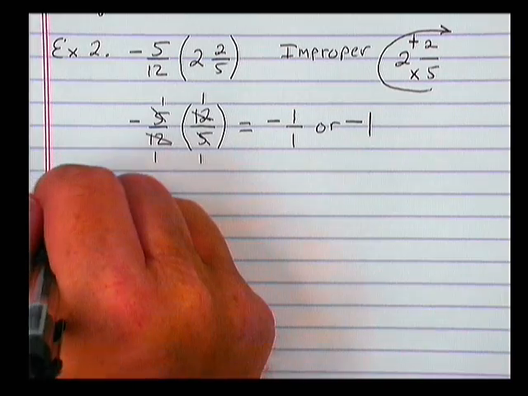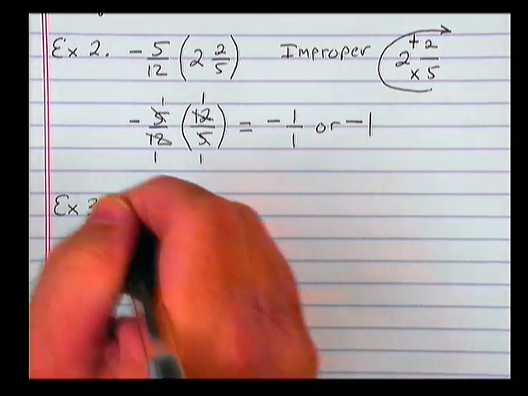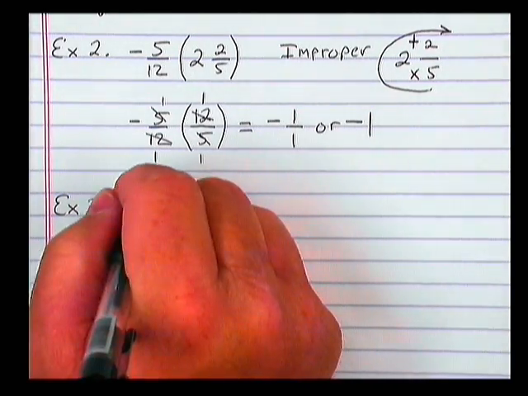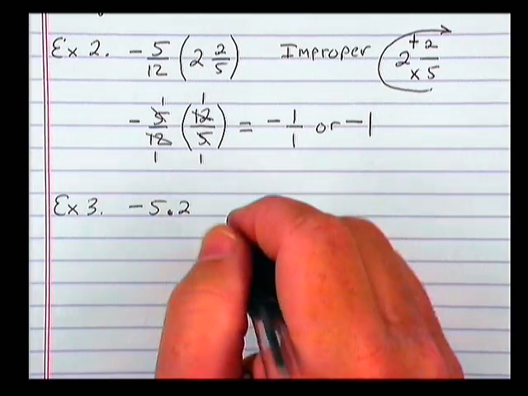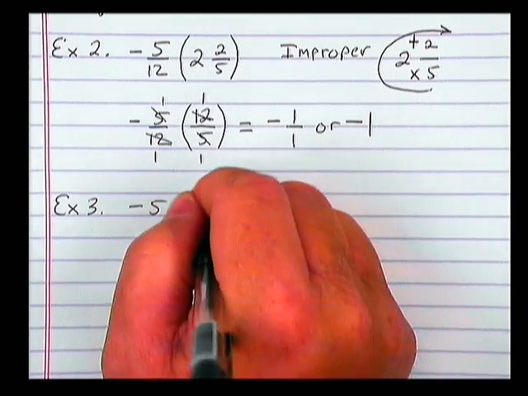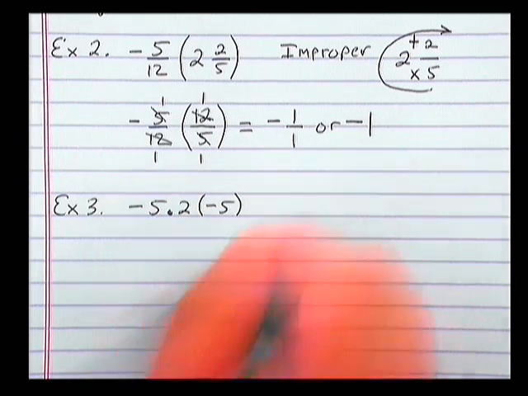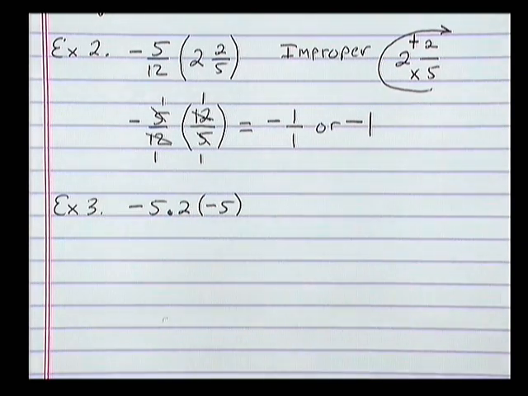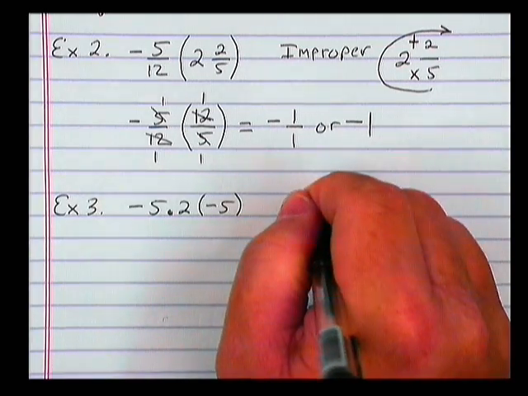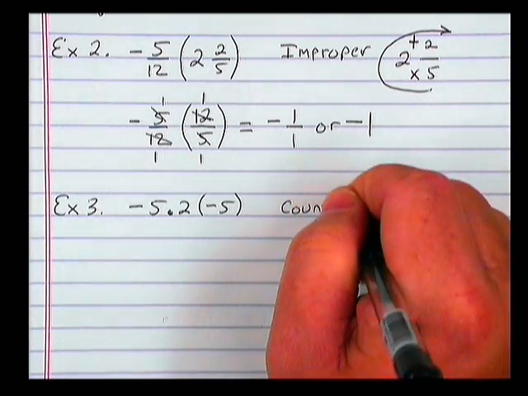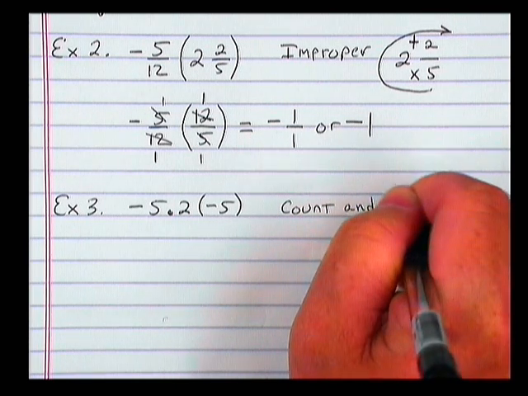All right, let's go to example 3. -5.2 times -5. We're going to multiply decimals now. And the rule for decimals is count and move.